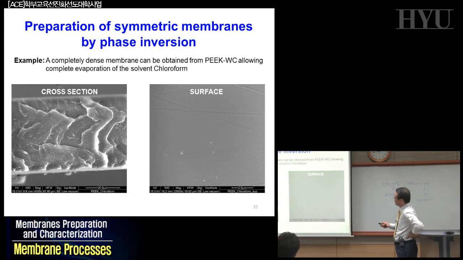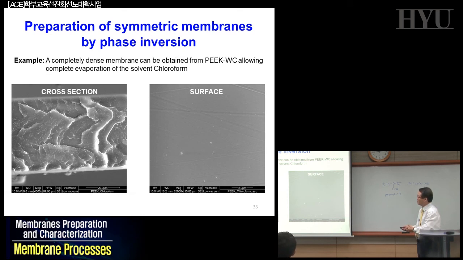And you can detect the pore structure with the SEM. The surface usually does not show any distinct structure with the pores. If you have pores, then you have some holes, but it doesn't have any distinct structure.